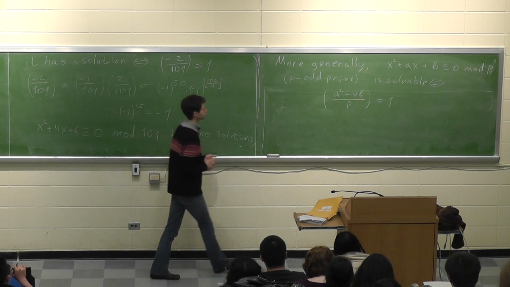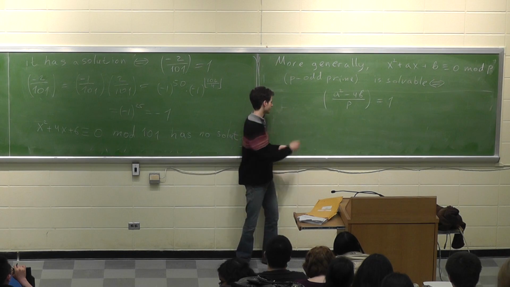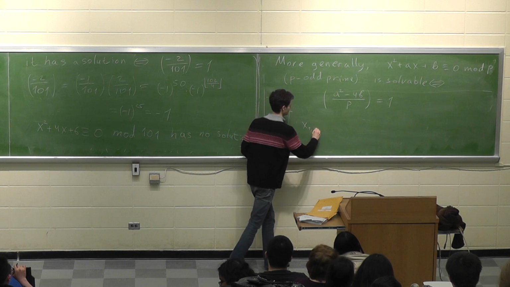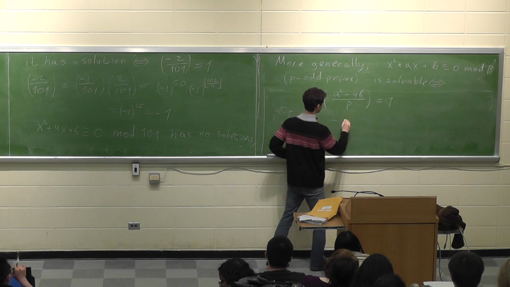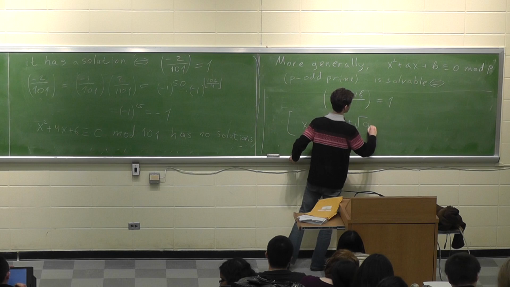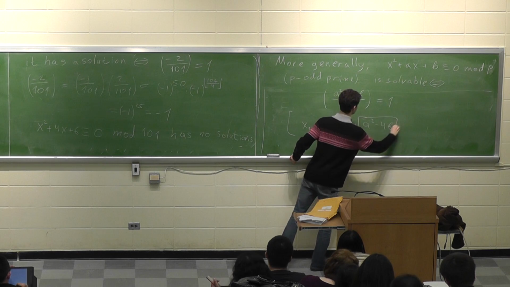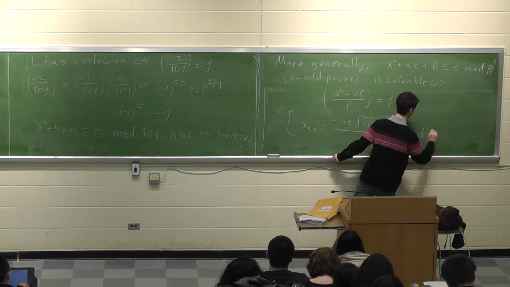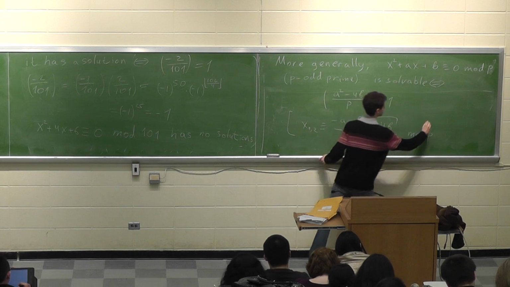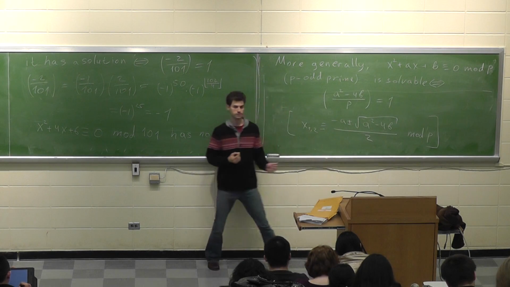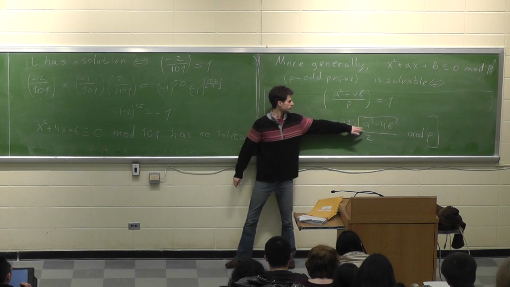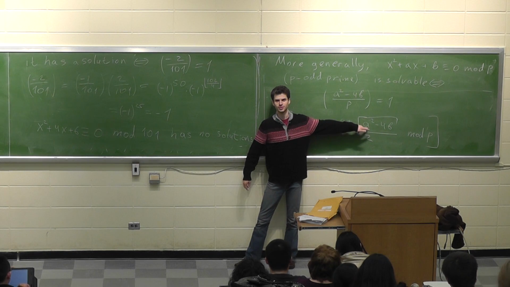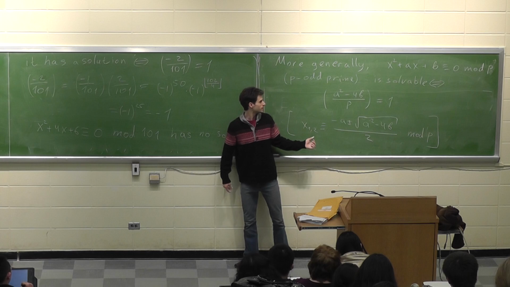And the reason is, well, we can just write the usual formula: minus a plus or minus the square root of a squared minus 4b, divided by 2. Well, we should interpret everything modulo p. So, if you can extract the square root, we can just find the solutions.